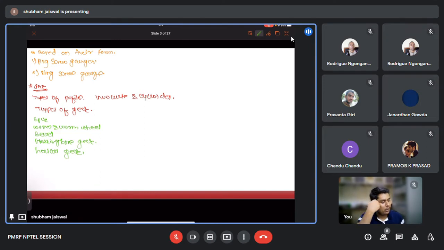After that we have seen the errors in spur gear. In this topic we have seen the different types of errors that are present in the spur gear. The first one is gear blank runout. Second is gear tooth profile error.